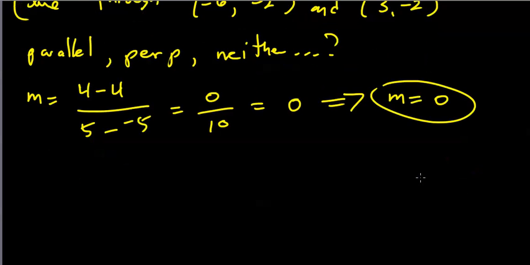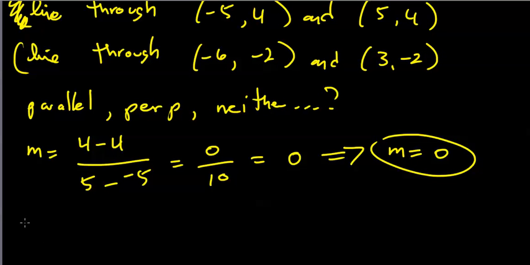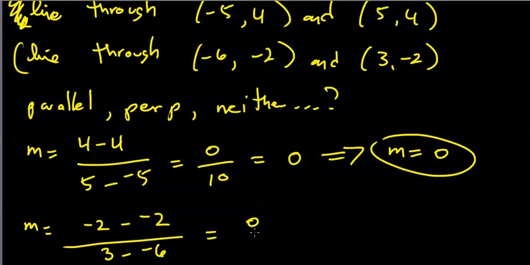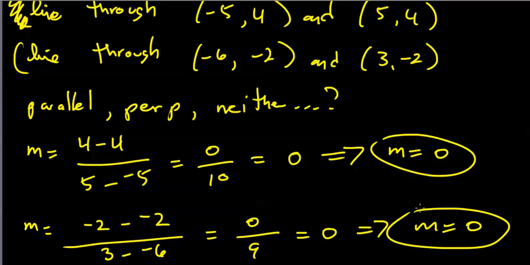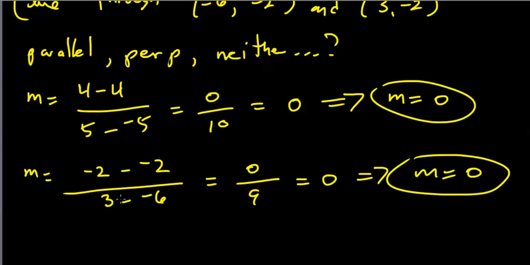How about the second line? Well, it's going to be y2 minus y1 over x2 minus x1. I'll end up with a 0 in my numerator and a 9 in my denominator. Well, of course, the numerator is 0, and the slope is then 0. Alright, so if these slopes are the same, well, of course, then the lines are parallel.